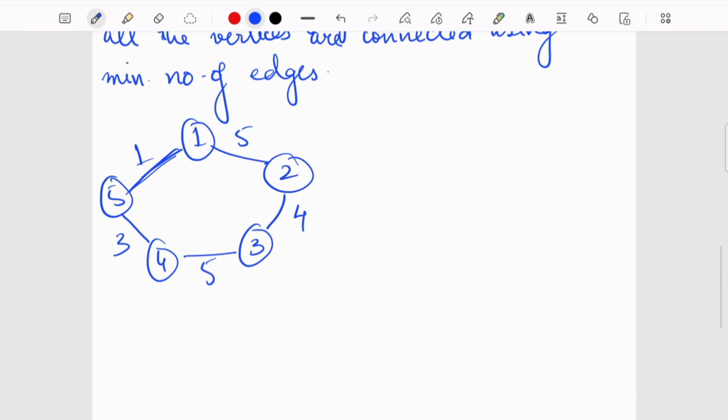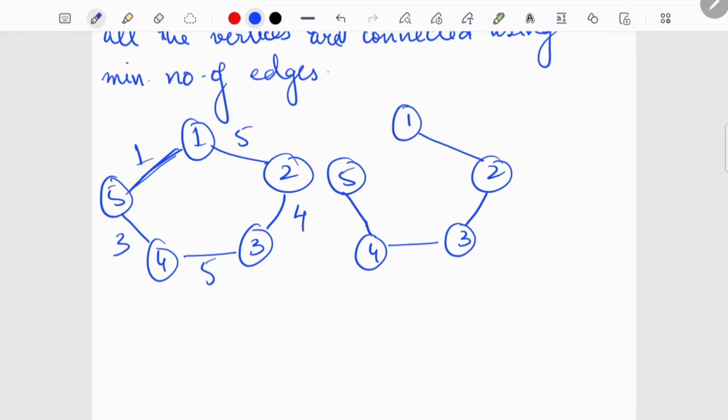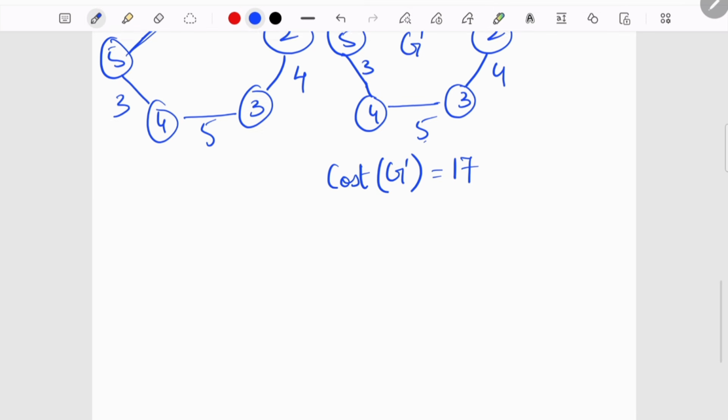Say this is the first spanning tree that I drew for you. What is the cost of this spanning tree? We write down the weights associated with the edges. So this is 5 plus 4 is 9, plus 5 is 14, plus 3 is 17. So if this is G', then the cost of G' here is 17, correct?